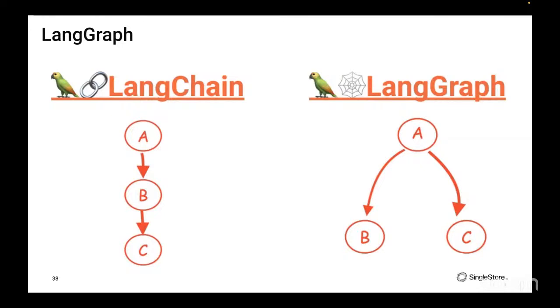With LangGraph, if the system thinks, hey, the user prompt is this, I think we should go to C first, then from A it can easily go to C, and then come to B. That type of dynamic branching is available in LangGraph. That's why most folks building agentic AI applications use LangGraph lately.